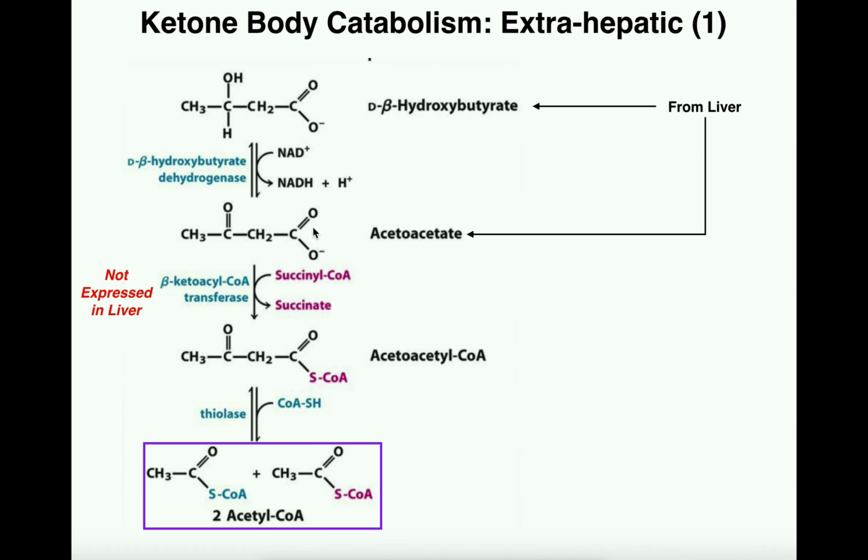Now, in tissues such as the muscle or the brain, we do have this enzyme as well, beta-hydroxybutyrate dehydrogenase. Here it's going to perform the reverse reaction. It's going to convert beta-hydroxybutyrate back into acetoacetate, because really acetoacetate is the direct source of the energy. We have to first oxidize this hydroxyl group into a ketone before we can actually get any energy out of it.